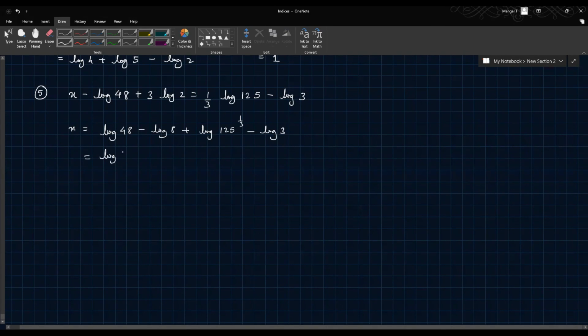So now what we do is this is 48, this is negative, so there will be a division upon it. This is plus, so there will be a multiplication, and this is again minus, so that will be a division here. So 8 6s are, 3 2s are. So this is log of 2 into 5. That is log 10. Now log 10 we know is 1. So the value of x is 1.